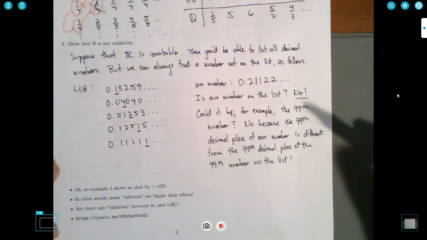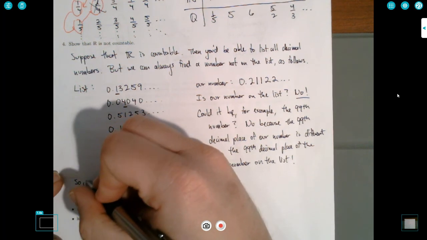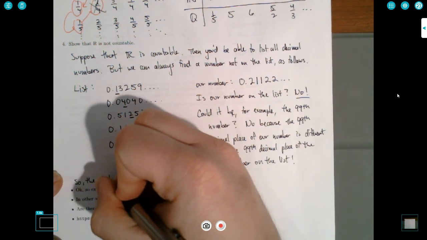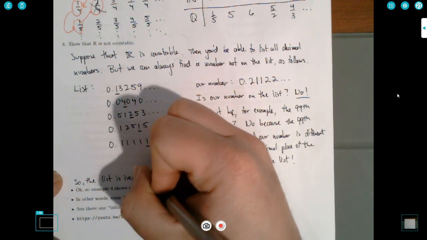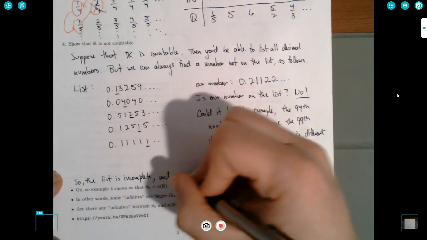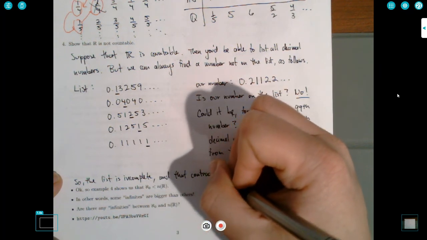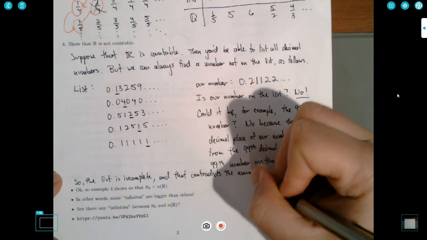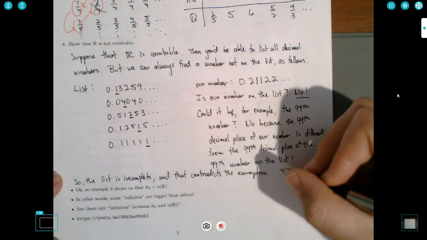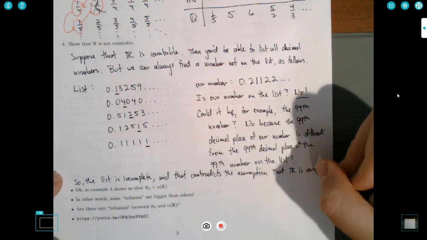So the list is incomplete, and that contradicts the assumption that R is countable.